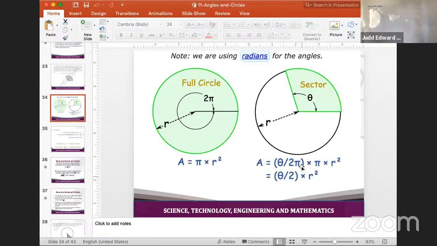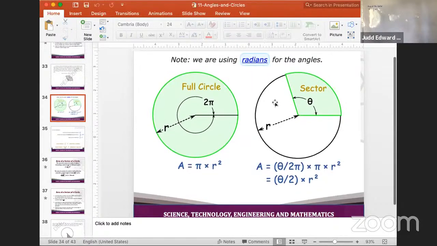Okay, so this is how we have the formula for the area of the sector. So again, the formula is 1/2 theta r squared. So para lang din siya sa triangle, sa pagkuha natin ng area ng triangle.